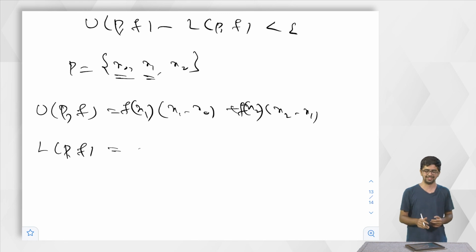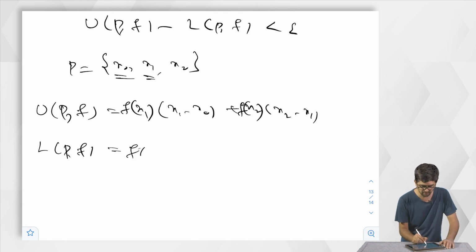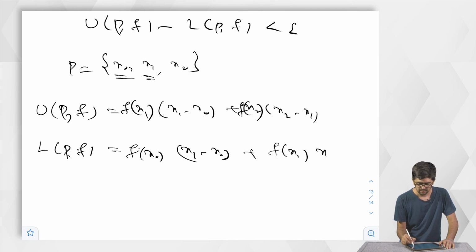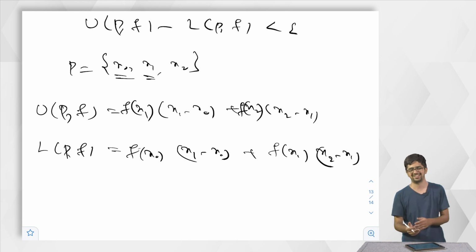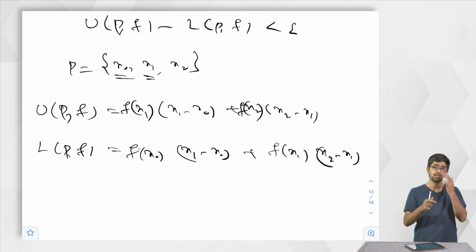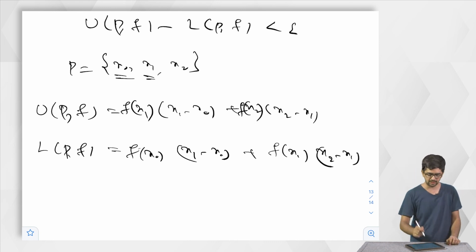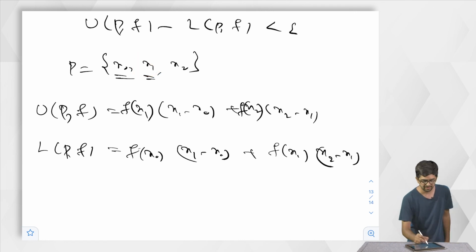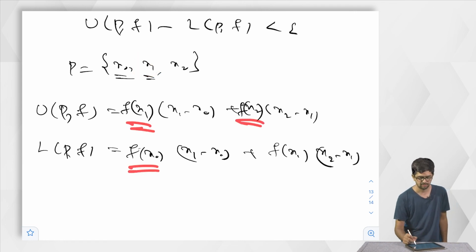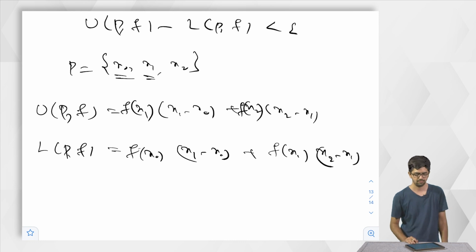It is f of x0 times x1 minus x0 plus f of x1 times x2 minus x1. This is not the identity function, right? But because it is increasing, the supremum is attained at this element only. So that's what I have written here: f(x1), f(x2) for the supremum, and f(x0), f(x1) as the corresponding infimum.